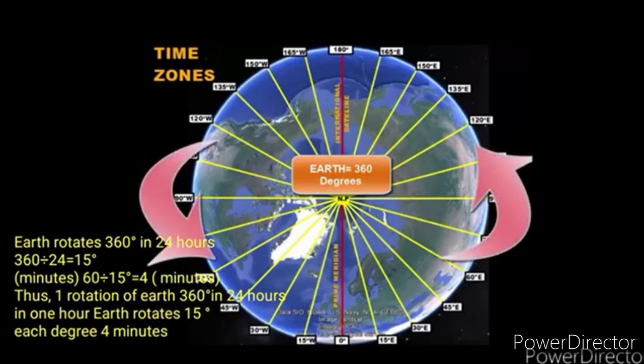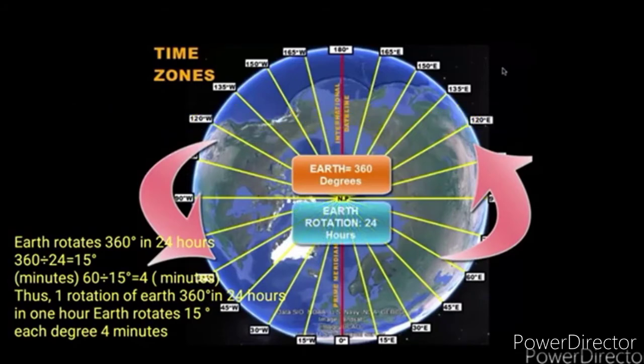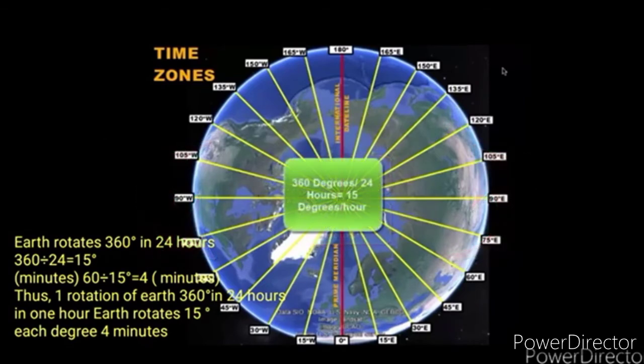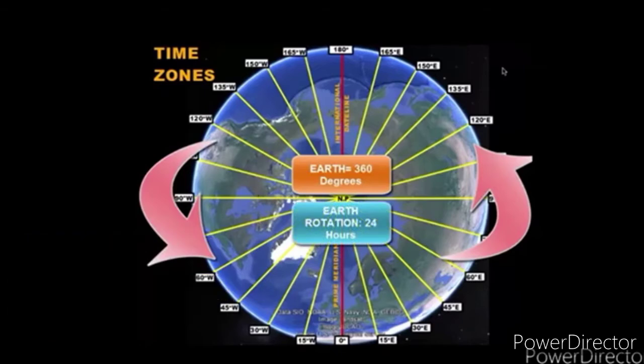If we divide 360 by 24 hours, the distance between two longitudes is 15 degrees, which means each hour the Earth rotates 15 degrees of longitude. Children, the Earth moves from west to east. So when the Earth rotates west to east, 1 hour is added at each 15 degrees.